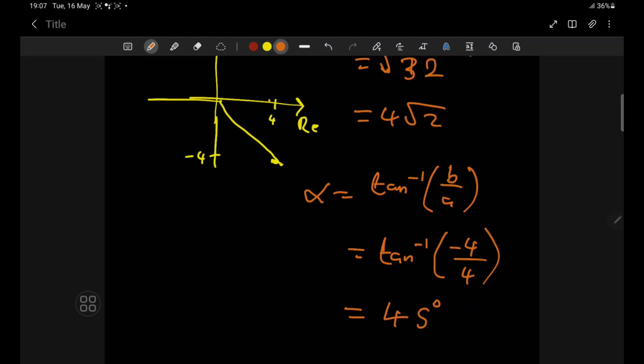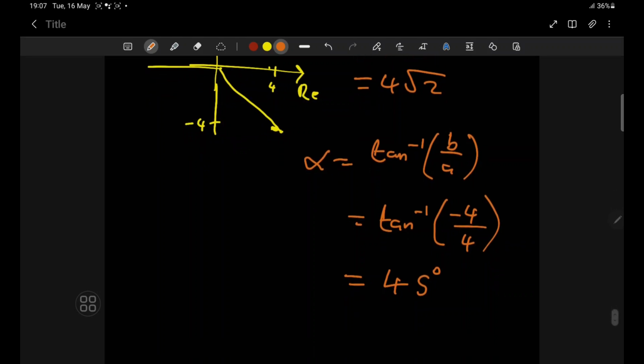Now, since it's negative, and in the fourth quadrant tan is negative, it's easy for us to get it there. So our theta will be equal to 360 minus 45, which is just 315.